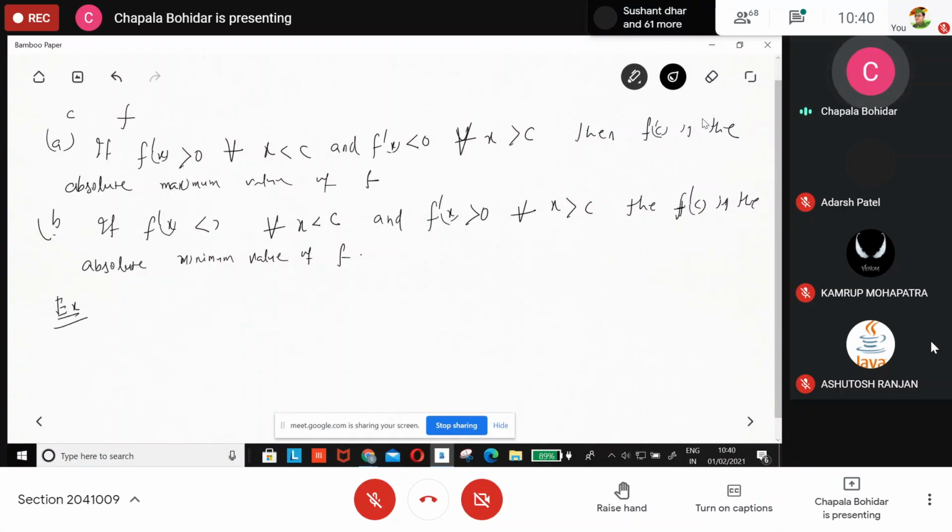Find the point on the parabola y square is equal to 2x that is closest to the point 1, 4.